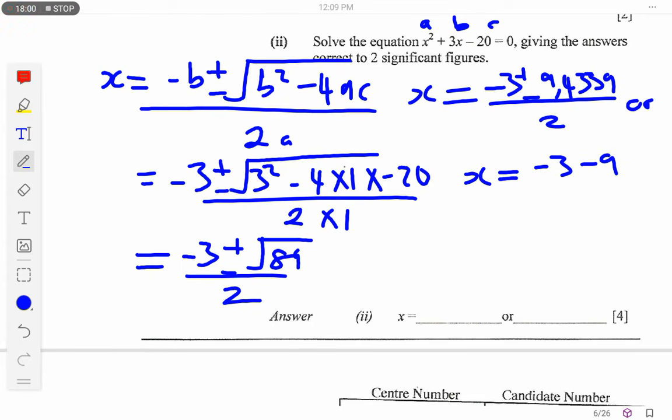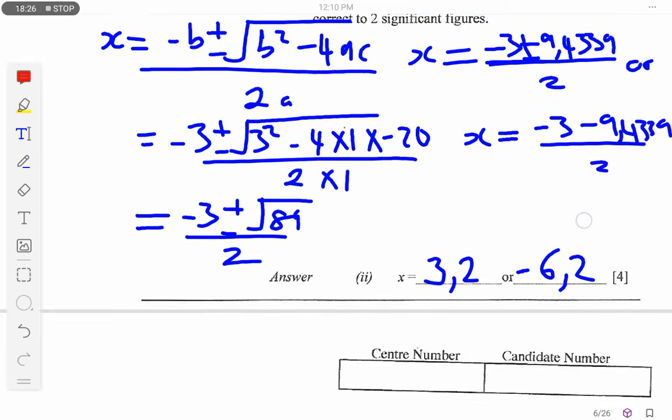So this is going to be a plus here. I should just have written a plus here, no minus there. So if you do your maths, for your x values, you get 3.2 and minus 6.2, like that.